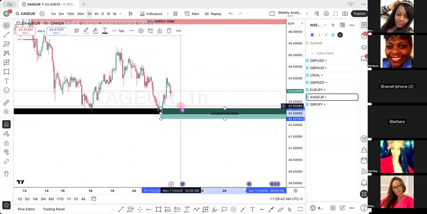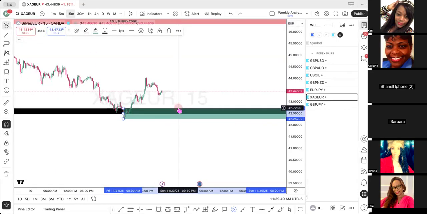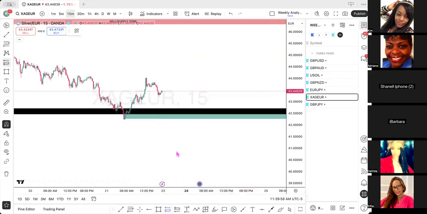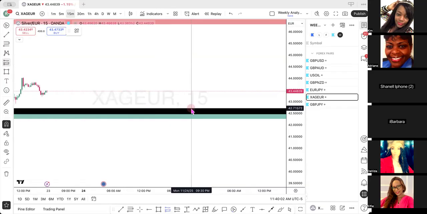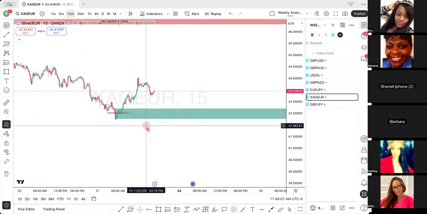Of course, once price gets there, I would go to a lower time frame, the 15-minute or the 5 minute, to look for the shift in structure and then get in on that shift. Or you can just set a limit. Hold on, move this out of the way.